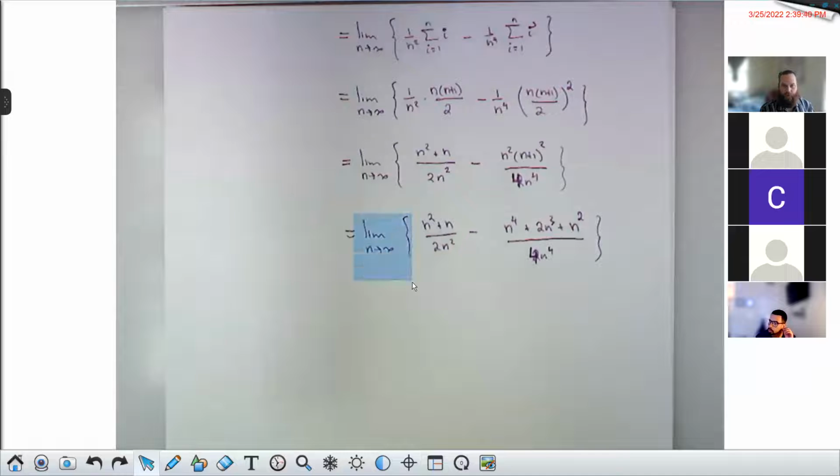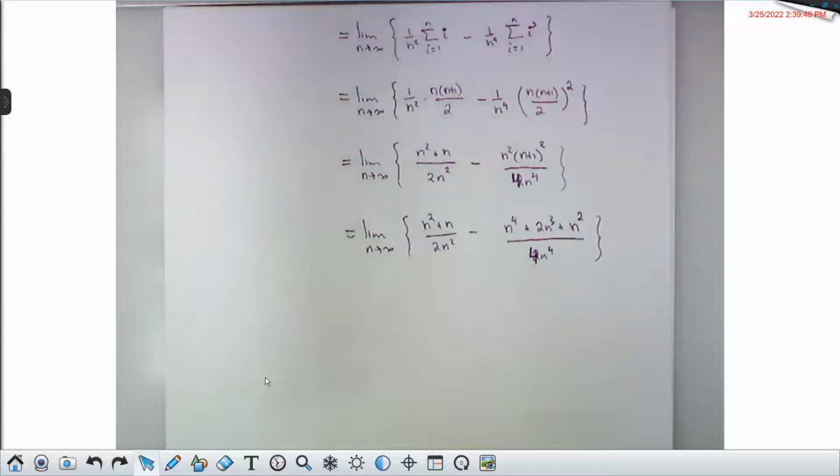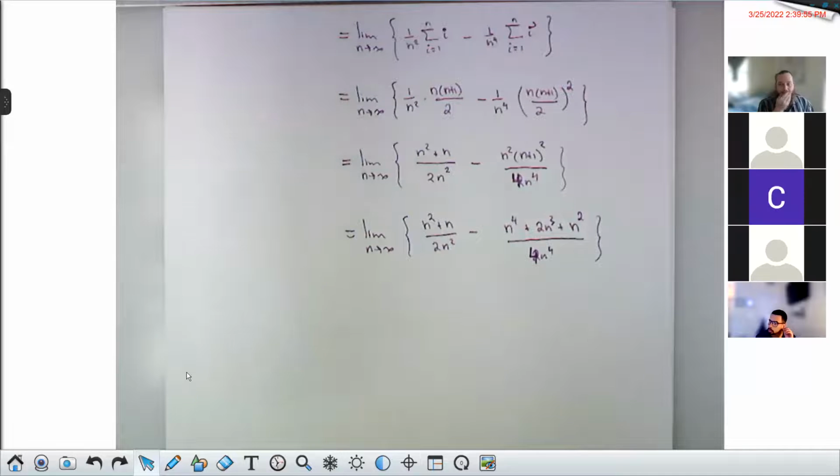How do I take the limit as n goes to infinity? Let's just talk about this first piece. Remember when we did limits at infinity?